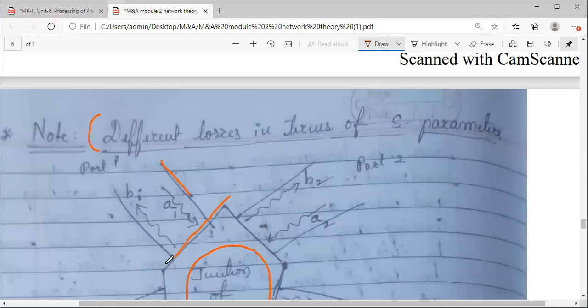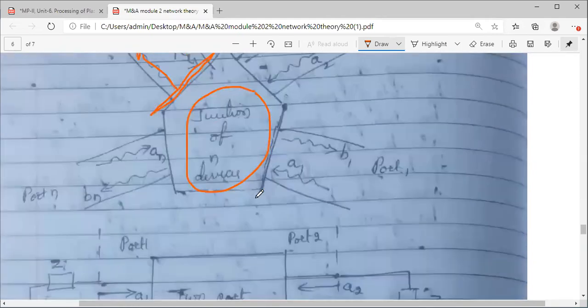For this port, this is your reference plane. Incident wave is AI, reflected wave is BI. Now for port 1, where is port 1? Here. This is your incident wave A1, this is your reflected wave B1.